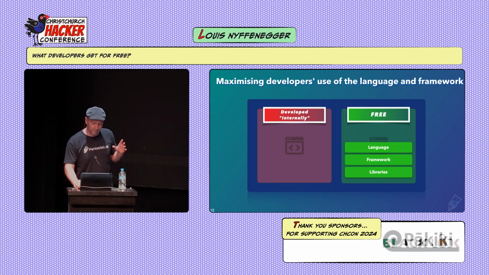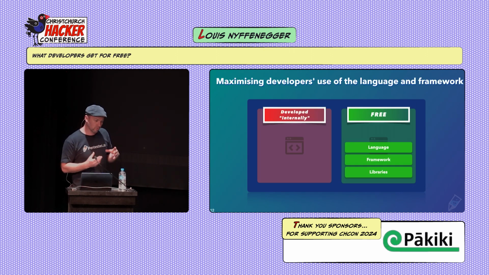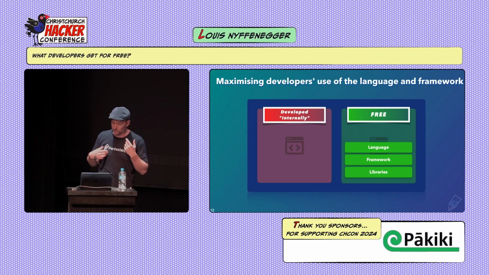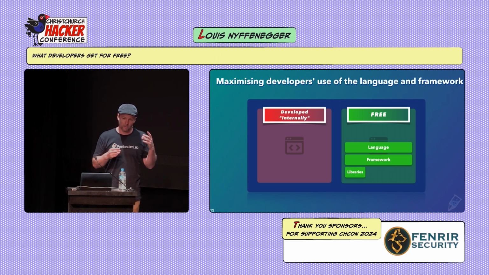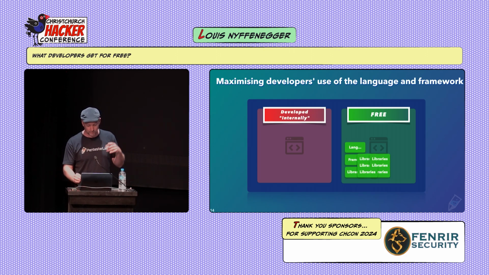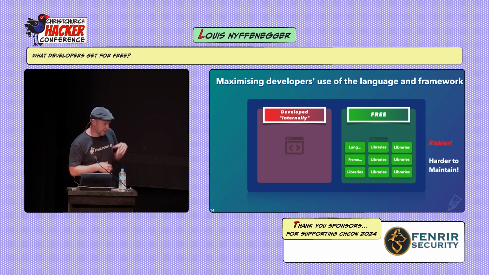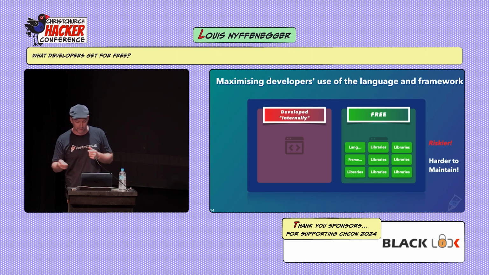Another aspect is how much of this code should be part of the framework and the languages being used. You want to minimize the libraries that a code base is using because it's really hard to maintain and a lot riskier to keep embedding libraries in your application.